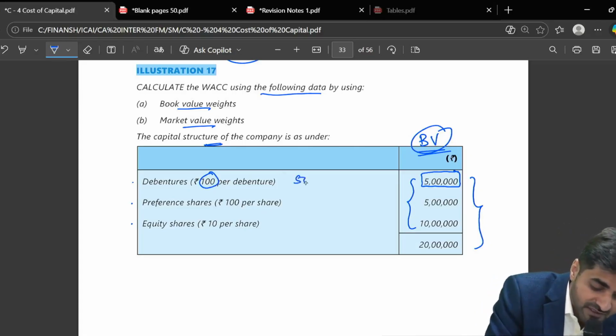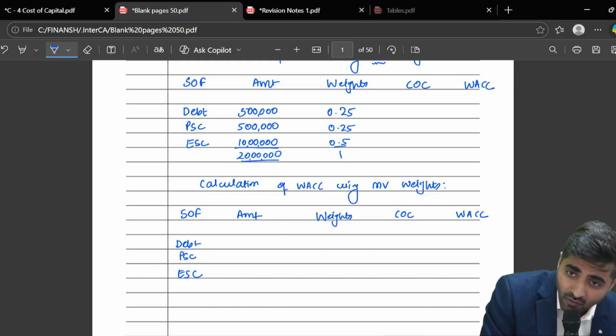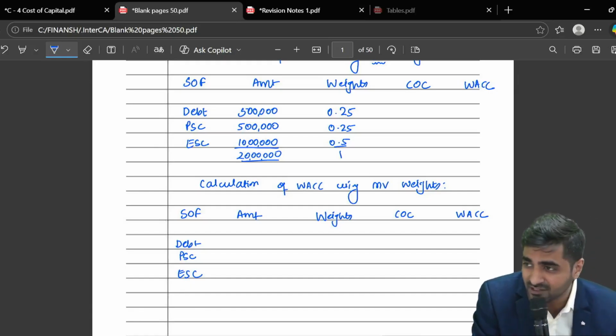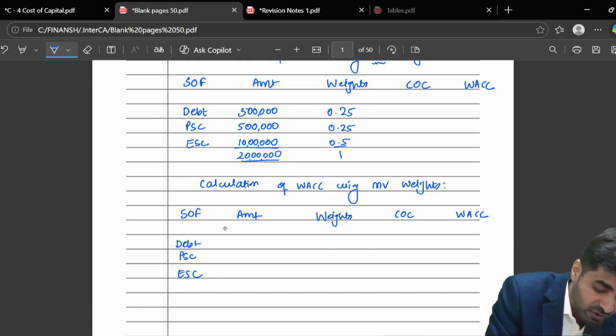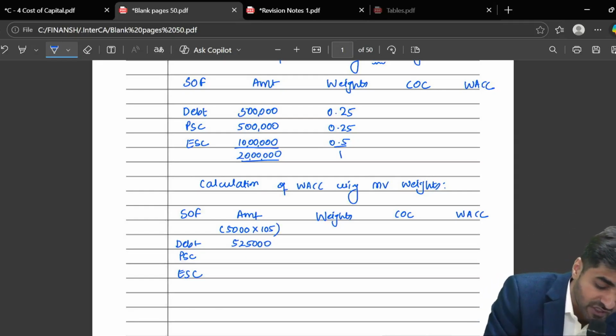And these 5,000 debentures, now I need to multiply with what rate, beta? Market price, which is nothing but 105. So 5,000 multiplied by 105. Tell me what is this? 5 lakh 25,000.